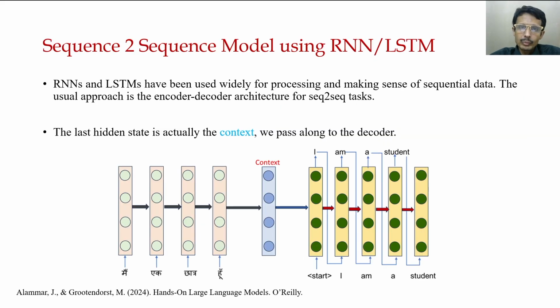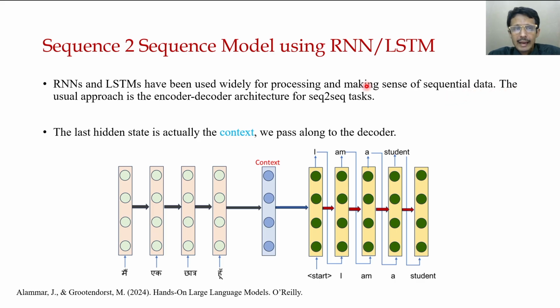Now we are going to understand a sequence to sequence model using our RNN or LSTM framework. LSTM or RNN have been used widely for processing and making sense of sequential data.